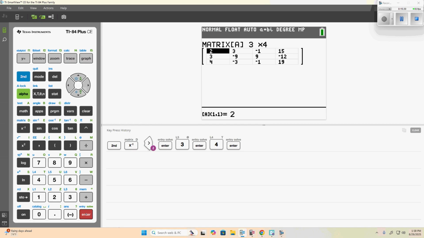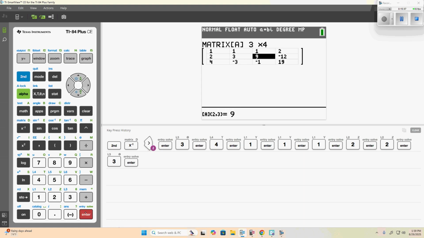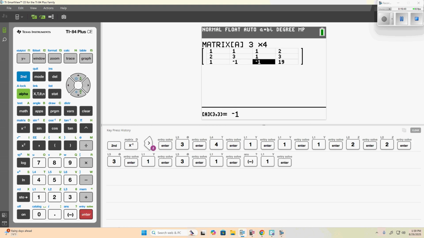So the first row is supposed to be 1, 1, 1, 2, yes? So we can type 1, enter, 1, enter, 1, enter, 2. And then 2, 3, 1, 3, 1, negative 1, negative 2, negative 6.